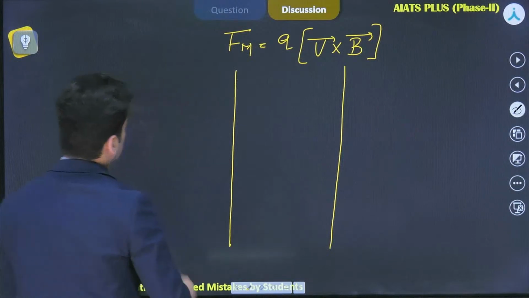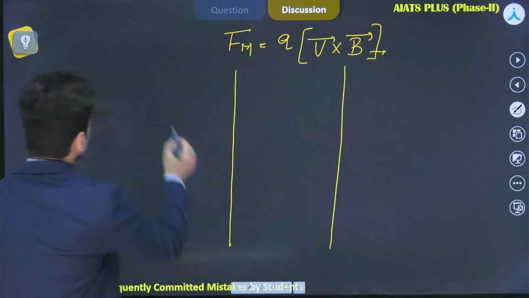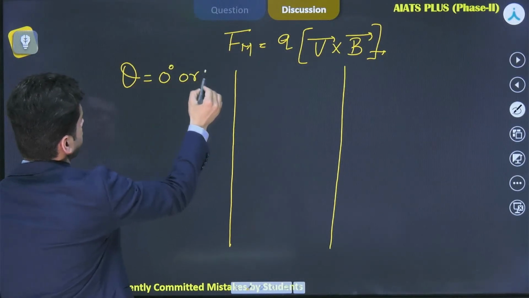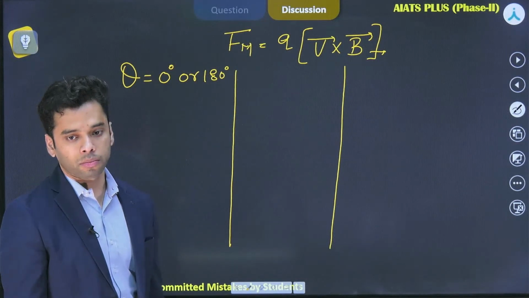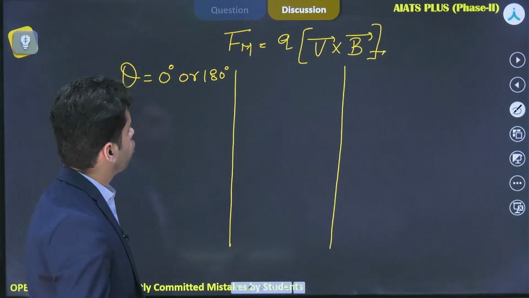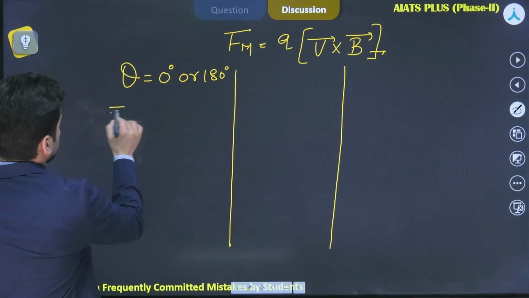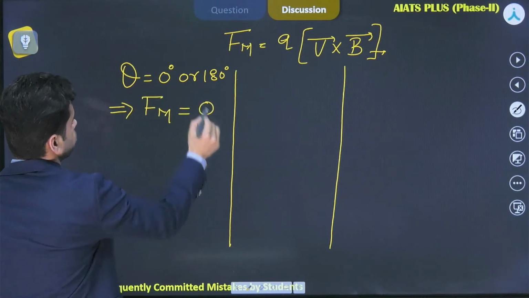Suppose that for the first case, the angle between v and B, theta, is equal to 0 degree or 180 degree, right? So if the angle between v and B is 0 degree or 180 degree, in that case, you can see that the magnetic force experienced by the charged particle will be equal to 0.